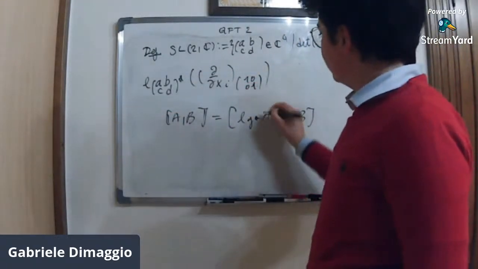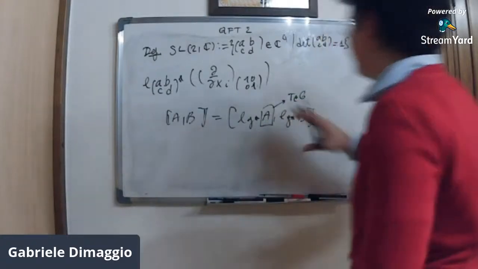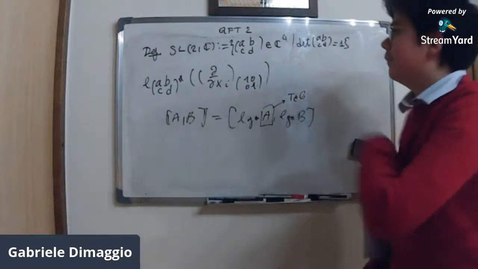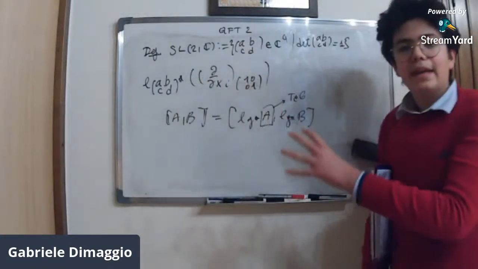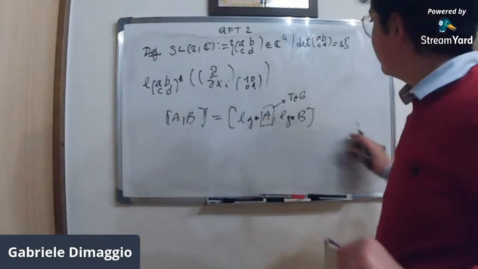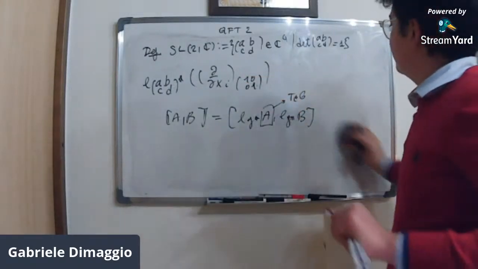I take this element. Okay, this element is an element of the tangent space to identity. And now I take the basis of the tangent space. So this is the basis. Here I have, in fact, the identity element.